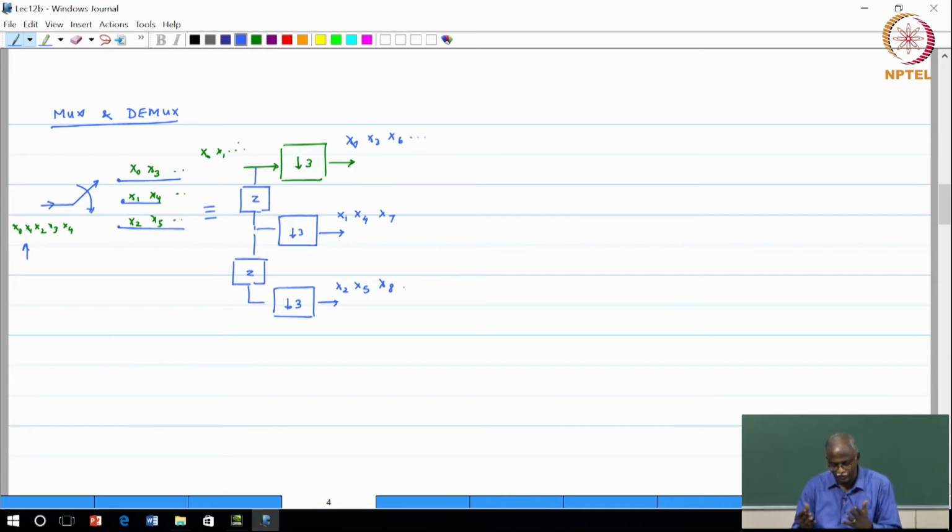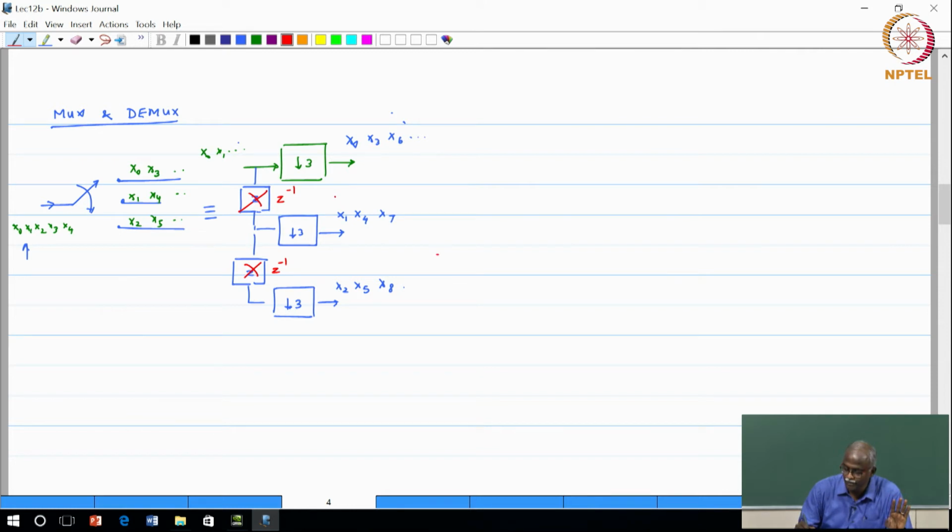Again, it is something that is part of the toolkit that we are developing. The representation in multirate is useful and interesting. We also made an observation: if this were z power minus 1 instead, can you tell me what the output sequence would be? Now the origin would have moved one unit to the left, which means x of minus 1 will come in.